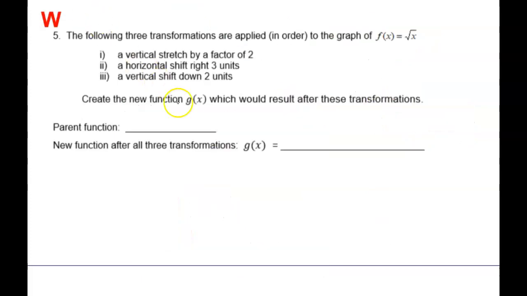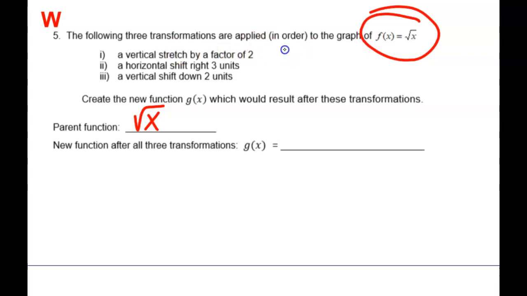All right. Number 5, the parent function, guys. It says 3 transformations applied in order to this. What is the parent function? Well, the parent function is just the square root graph. How do we stretch it by a factor of 2?